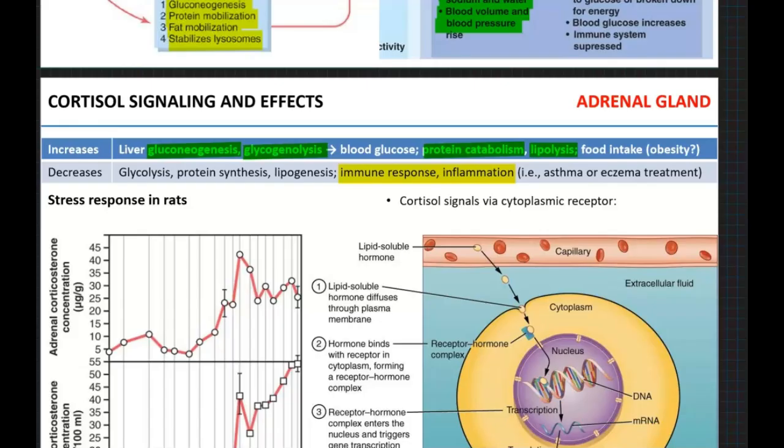So if you're stressed, you need energy to deal with this stress. Energy comes mostly from glucose. So gluconeogenesis is the process, when you start thinking about that name, of making glucose from scratch.